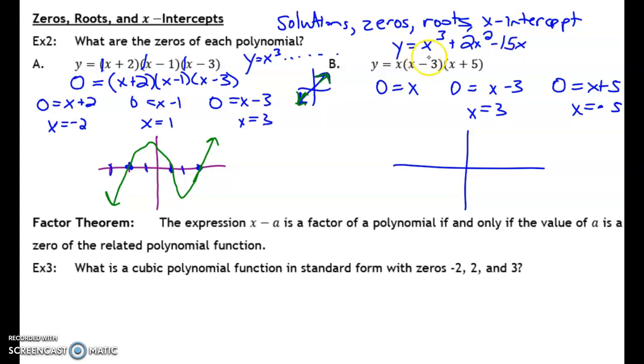If I would have multiplied this whole equation out, it would have looked something like that. So again, the lead coefficient is a positive, and it's an odd function. So it's kind of like the one we just did. We know that it's going to be down and up. I'll give you about 15 more seconds to graph it.